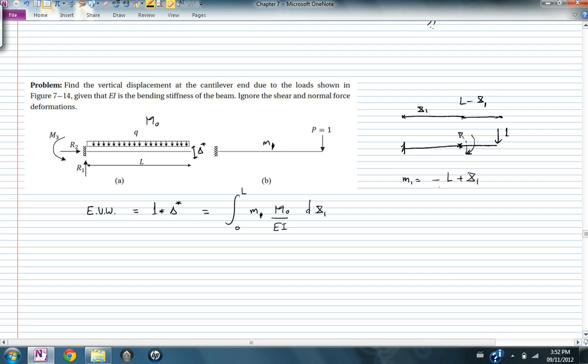M0, on the other hand, you need to solve the beam with the applied load, so I have Q. M naught is equal to negative Q L squared over 2 plus Q L x1 minus Q x1 squared over 2.